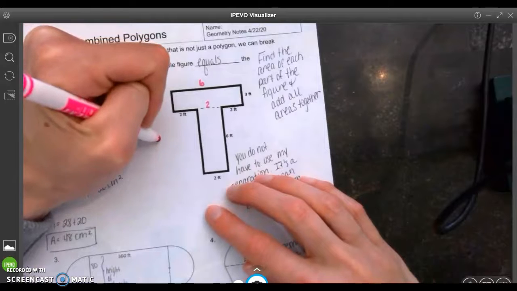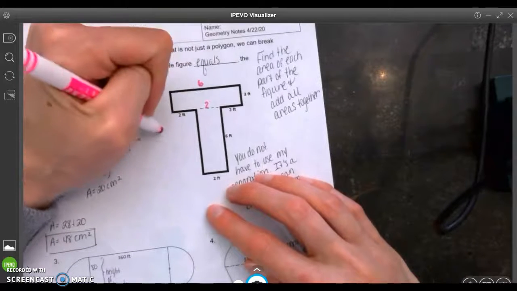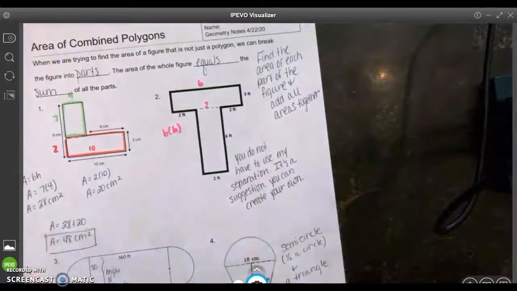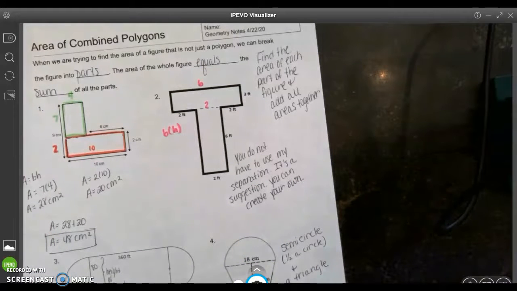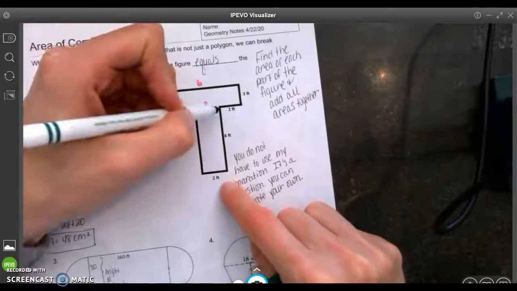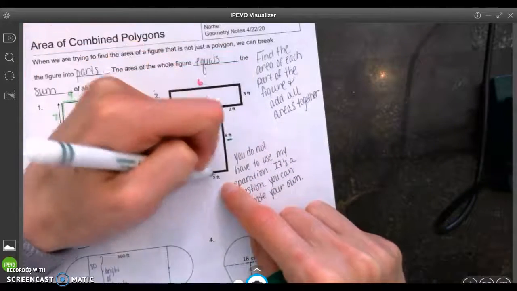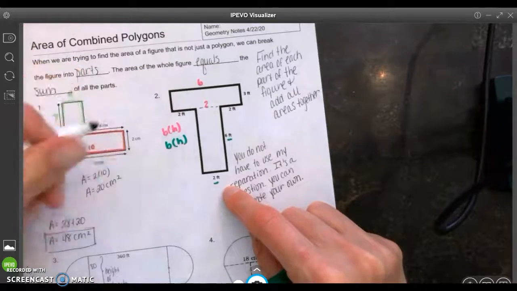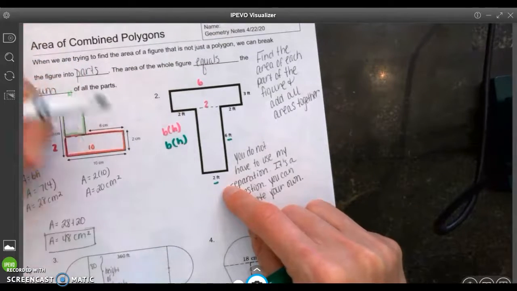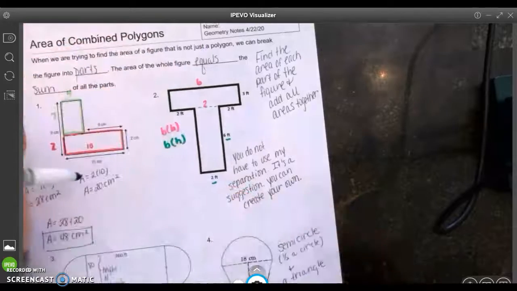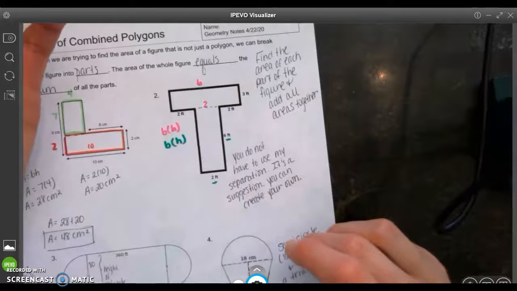So I'm going to take base times height for this. So that first one is base times height, and then down here I have another rectangle that's 6 feet and 2 feet, so I'm going to take base times height again, and then I'll just add those 2 together. So I'll have the 6 times 3 and the 6 times 2, and I'll add those 2 answers together.